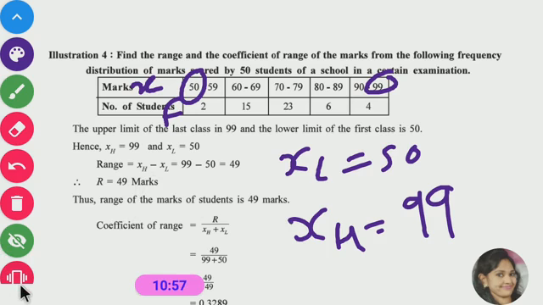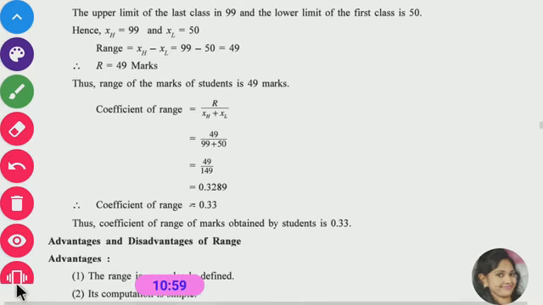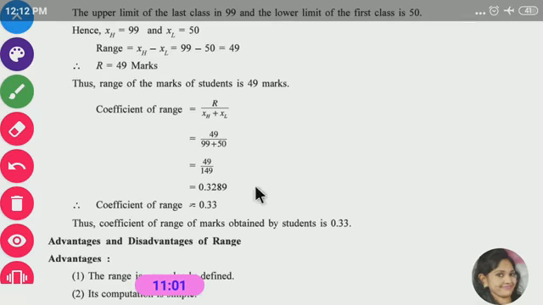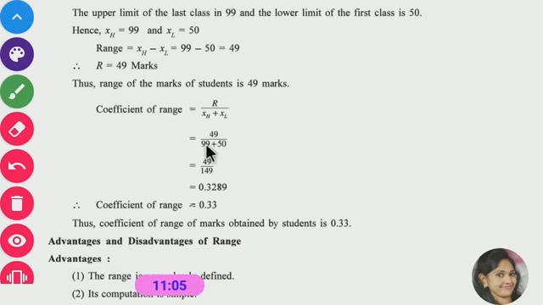Coefficient of range is equal to R upon XH plus XL, 49 upon 99 plus 50. So 49 upon 149, your answer is 0.3289. Here the digit 8 is more than 5, so we will add 1 to 32 and write 33. Thus the coefficient of range of marks obtained by students is 0.33.